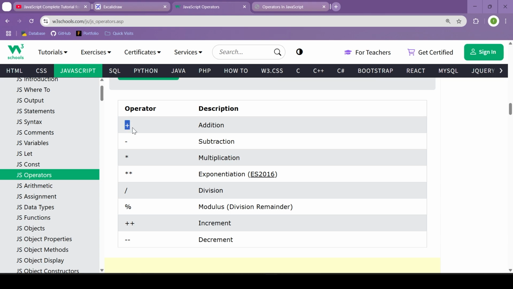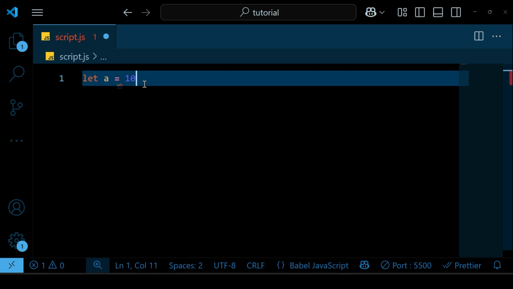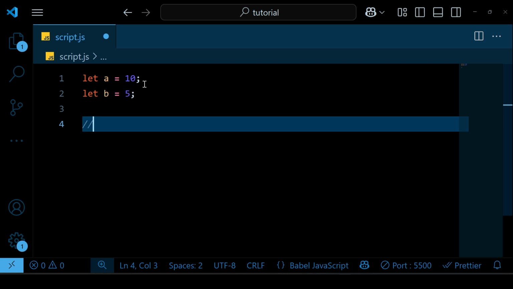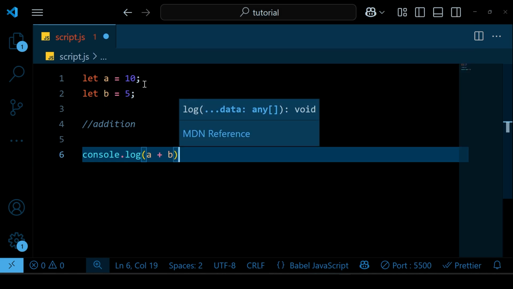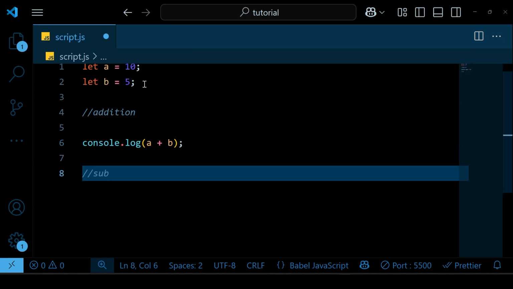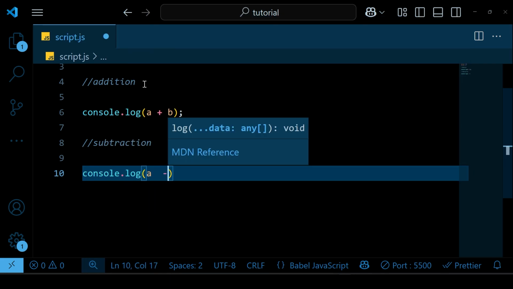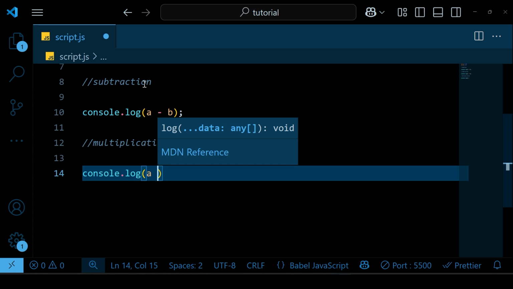If I talk about these three, I don't think you all need explanation for this. Let me just simply have these three first. So let's say we simply have let A equal to 10, then let B that is simply 5. For addition, we will simply need to have A plus B. Then for subtraction, we will simply have your A minus B. Then for multiplication, it would be simply A into B, right?